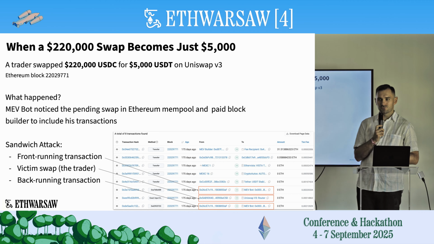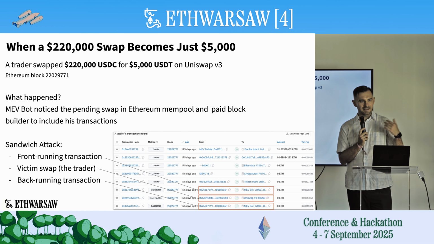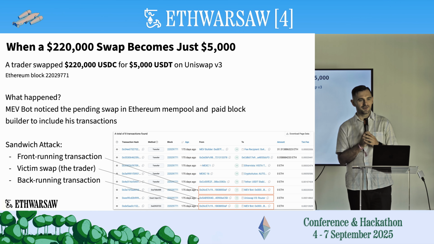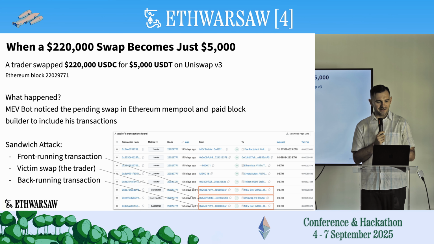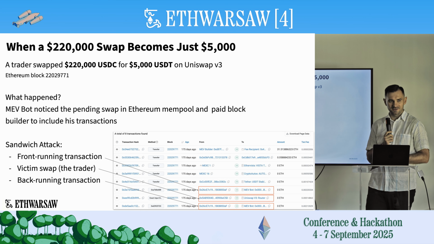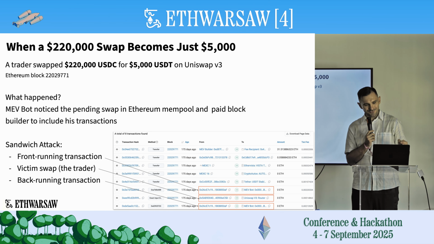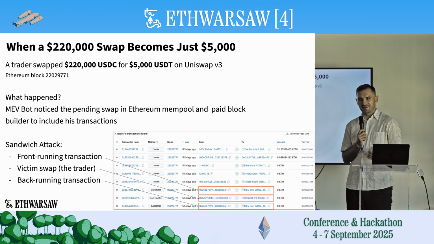But let's start, to make sure that everybody's on the same page, with what MEV and an MEV attack are. Here is a very recent example of what happened on Ethereum in March in one of the blocks. A trader was trying to swap 220,000 USDC on Uniswap v3. He was simply swapping USDC into USDT.